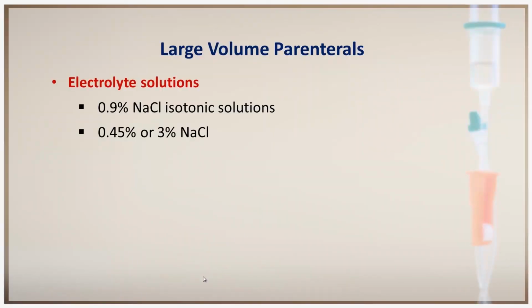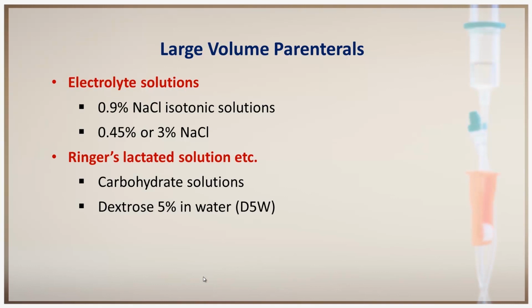Now, moving to large volume parenterals. As I mentioned earlier, large volume parenterals have an injectable volume of more than 100 ml. These include electrolyte solutions, for example 0.9% sodium chloride isotonic solution, 0.45% or 3% sodium chloride solution, and lactated Ringer's solution, etc. Carbohydrate solutions, for example dextrose 5% in water.